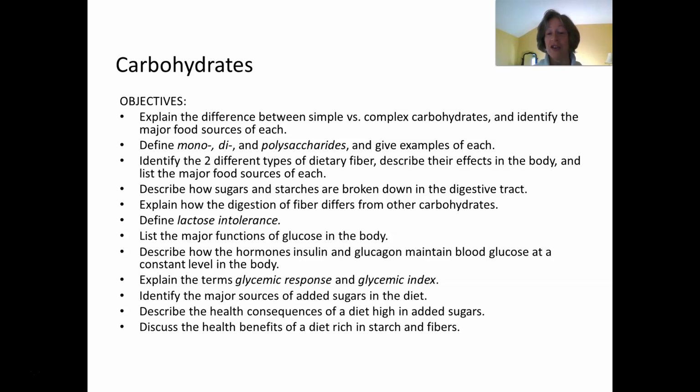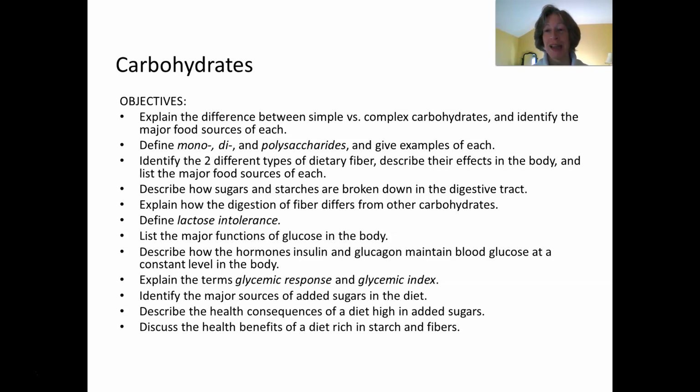Major sources of added sugars in the diet: you should be able to recognize where the added sugars in the diet are, and describe the health consequences of a diet high in added sugars.